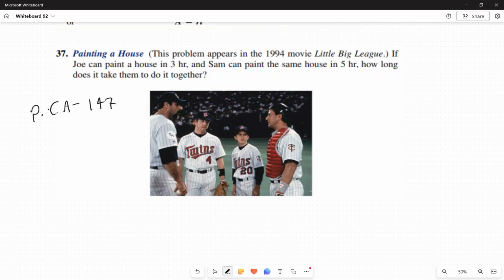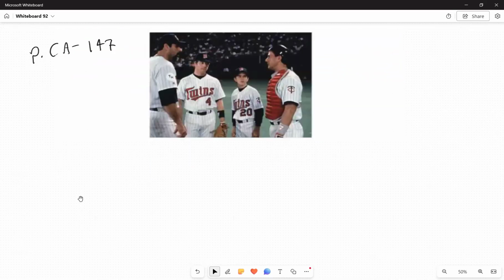Joe can paint a house in 3 hours and Sam can paint the same house in 5 hours. So the rates of work are going to be 1/3 for Joe and 1/5 for Sam. We're going to organize the information on a table.